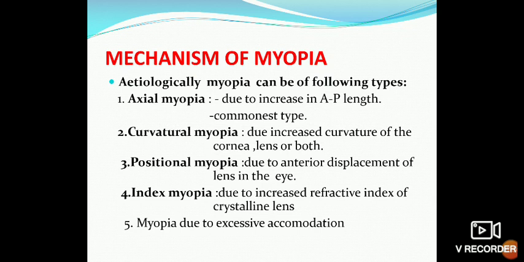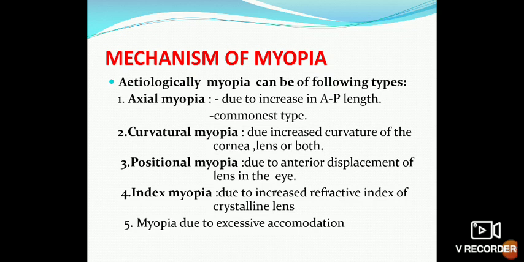And the fifth type is myopia due to excessive accommodation, also called spurious myopia, in which there is excessive accommodation. In accommodation, what happens? As you know, there is contraction of the ciliary body, and the ciliary body contains ciliary muscles. So there is excessive contraction of the ciliary muscles.